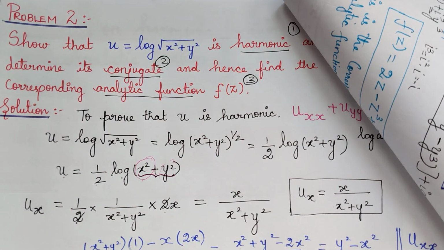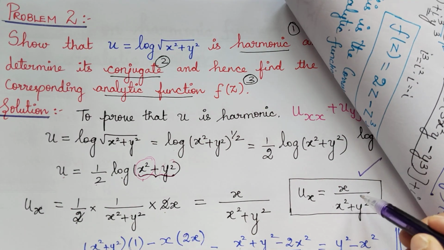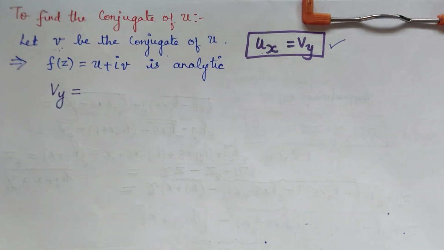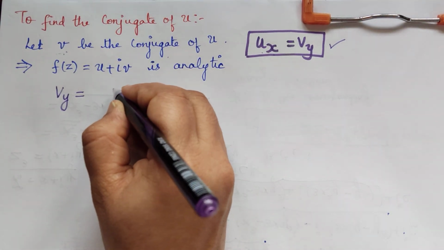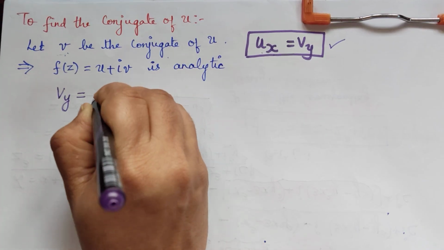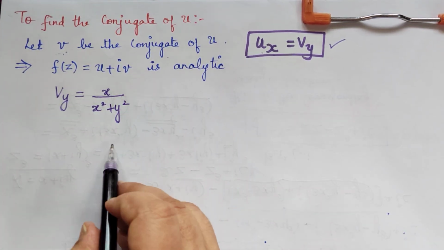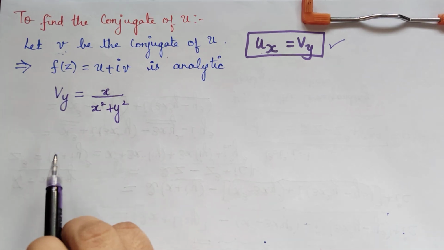We know that ux we have already found. It is x by x square plus y square. So making use of that, we will have here x by x square plus y square. So now this is vy.